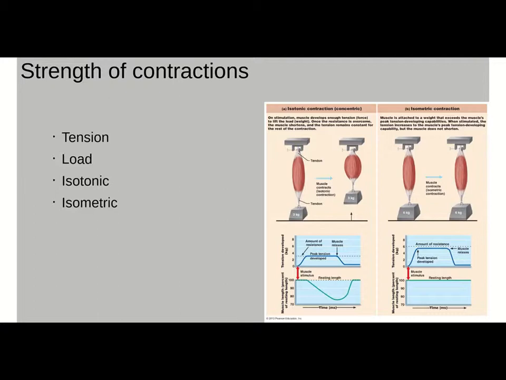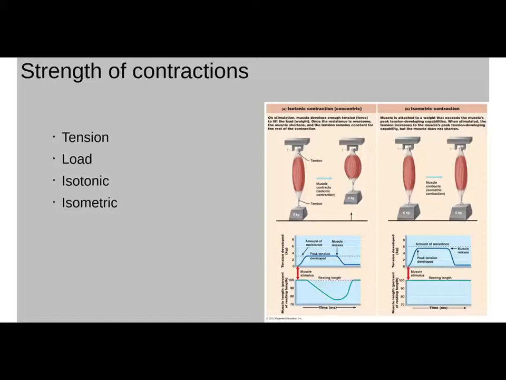Over here we see two types of contractions. The first one here is an isotonic contraction. And what we see up at the top is kind of an experimental setup. We have a muscle, one end of it is anchored in place, and the other end of it is tied to a 3 kilogram mass.